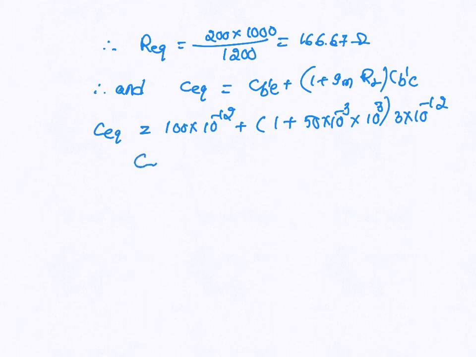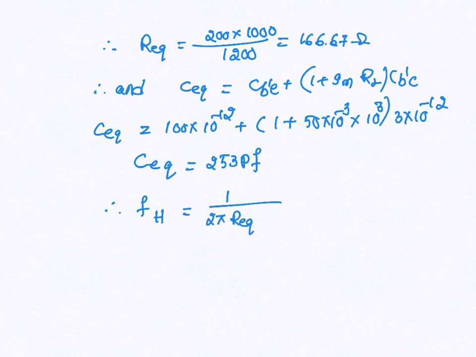If you calculate this, the C equivalent will be 253 picofarads. Therefore fH can be written as 1 by 2 pi R equivalent into C equivalent. If you substitute the R equivalent and C equivalent values, the value will be 3.77 megahertz.